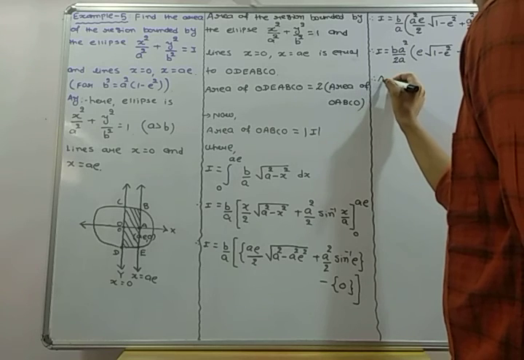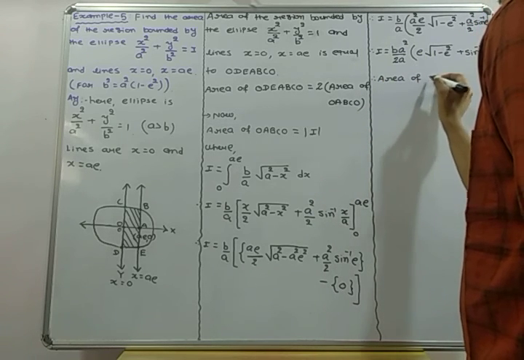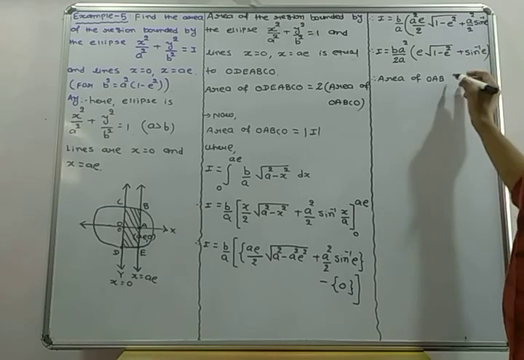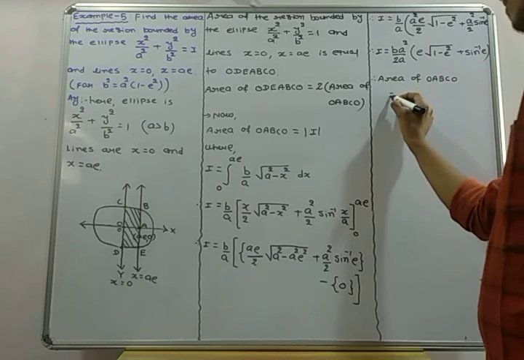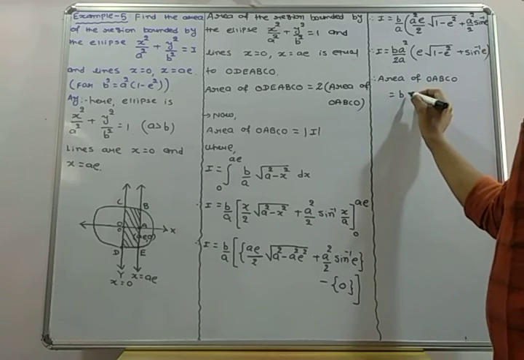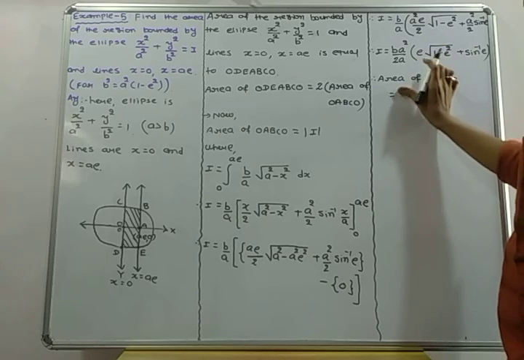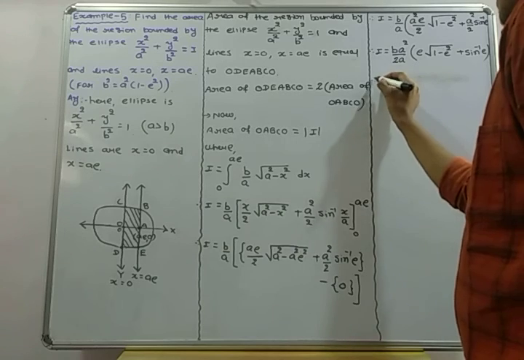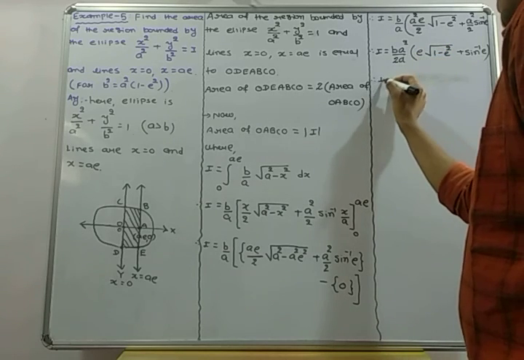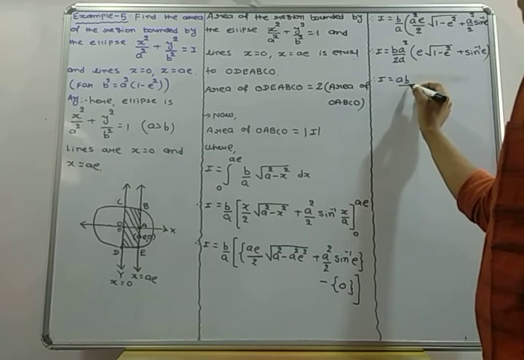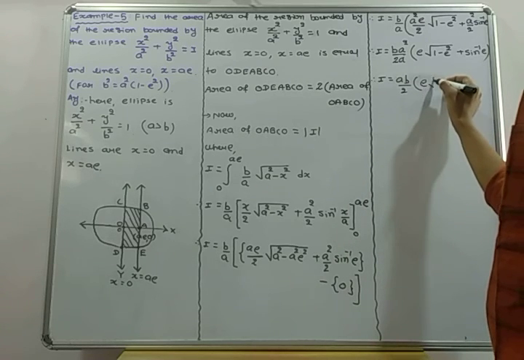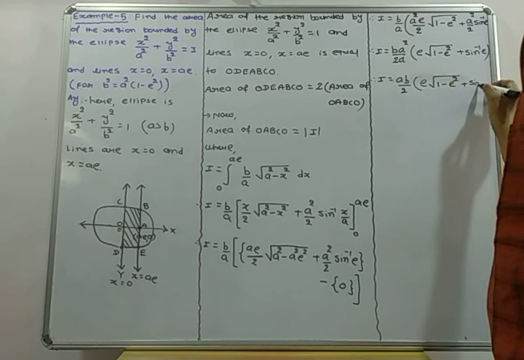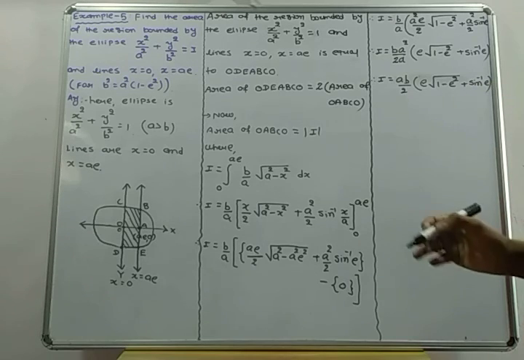So area of OABCO is equal to mod of I. Mod of I means one time एक line लिखते हैं अपन, then putting this sentence, one time a cancel, और तो I equal to upside AB, downside only 2, and e under root 1 minus e square plus sine inverse e.